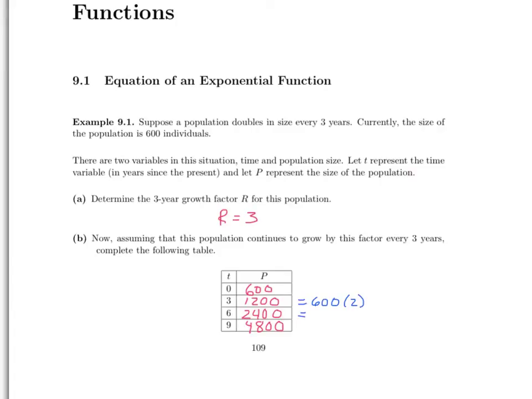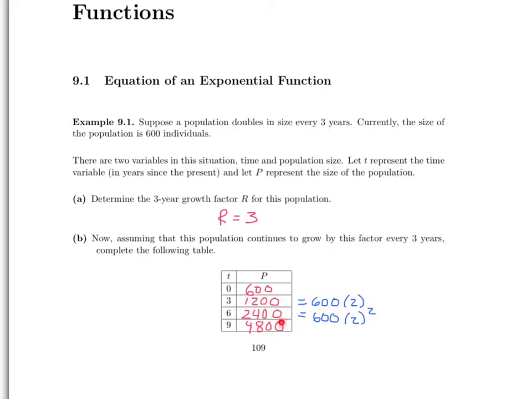The 2,400, we found by taking our previous population value and multiplying that by 2. Really, that means we're multiplying this quantity by 2 again. So that gives us 600 times 2 squared, because we multiply by another 2.